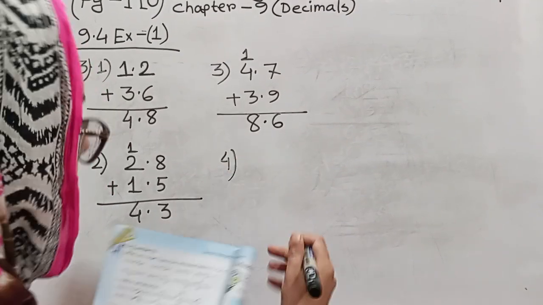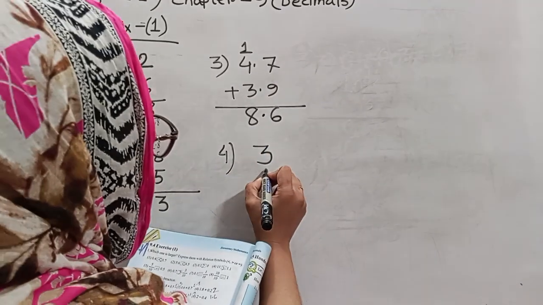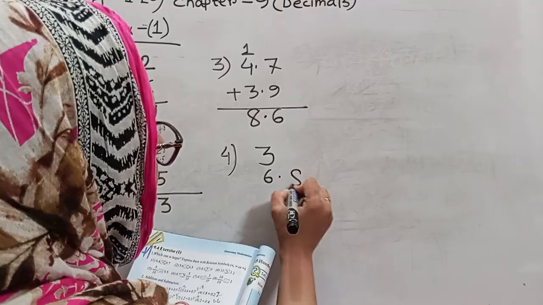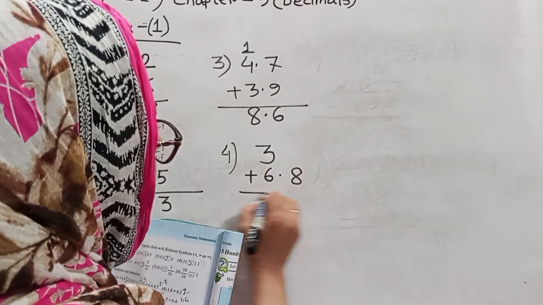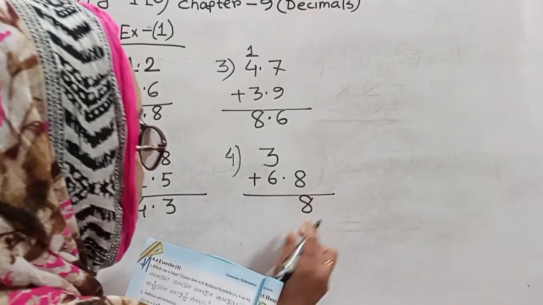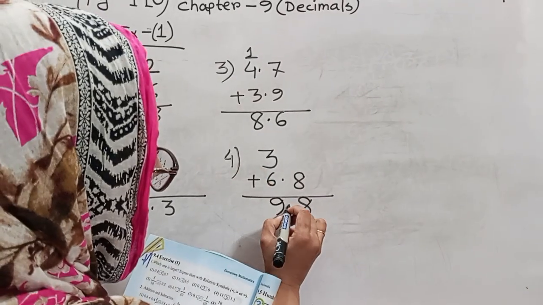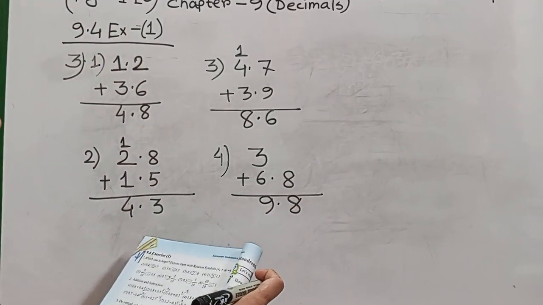Question number 4. 3.6.8 plus 9.8 is the answer... Here will be 8. 6 plus 3, it will be 9. 9.8 is the answer.